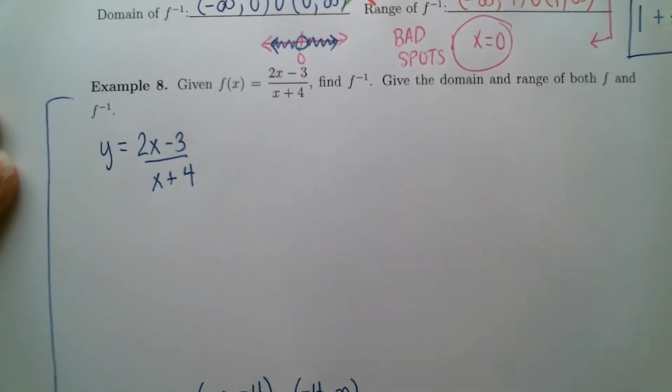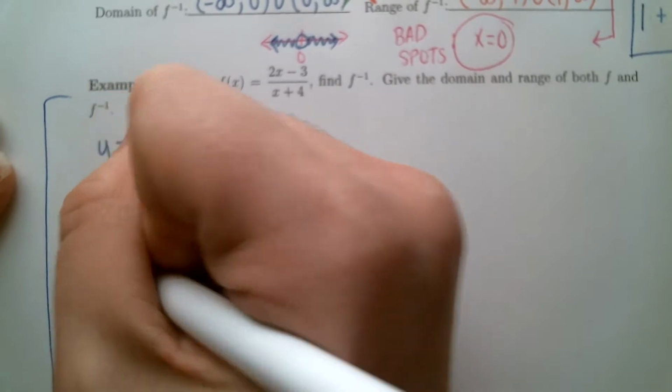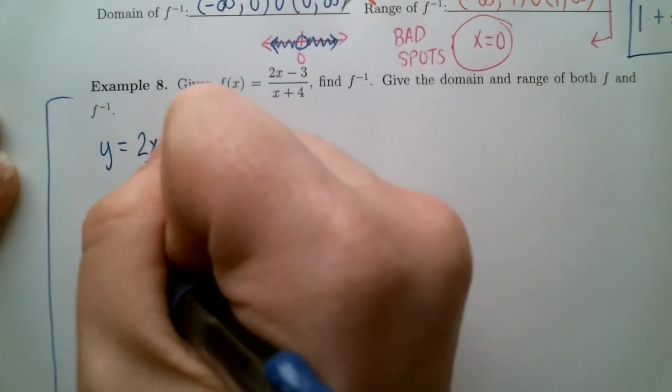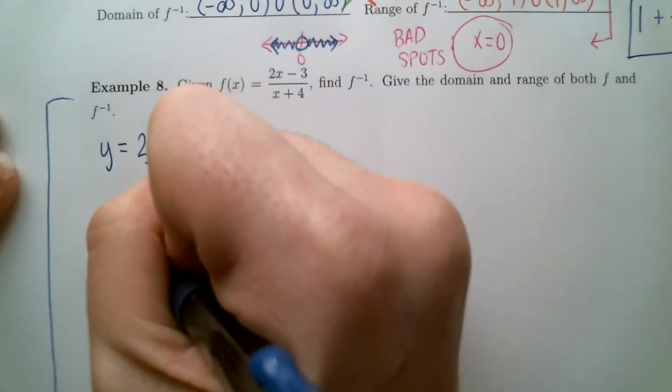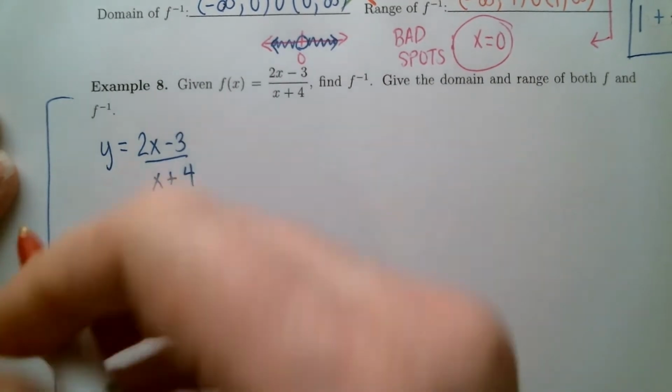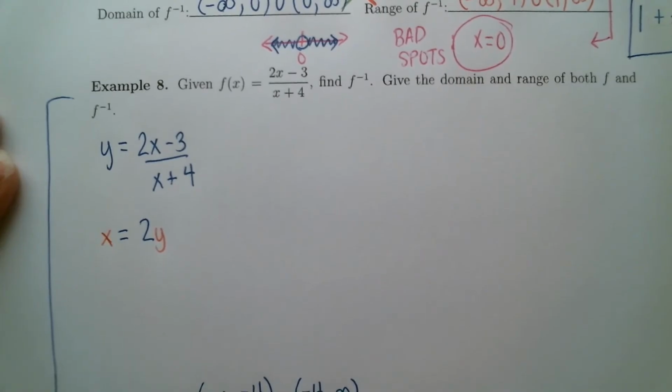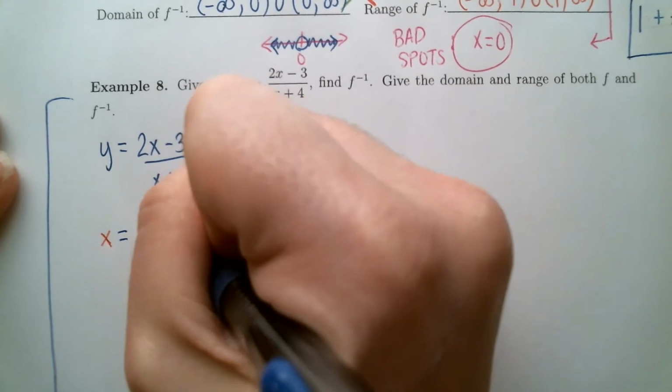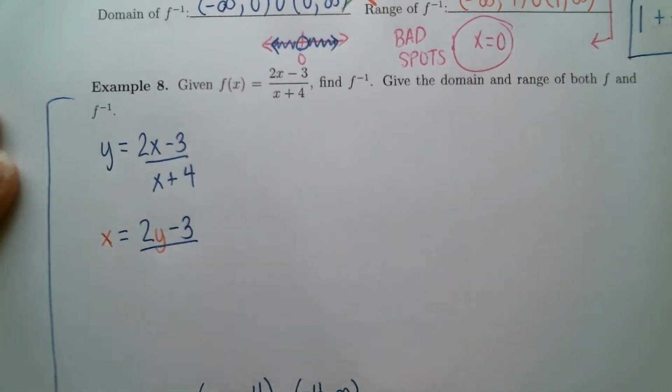Because this one's got a couple of x's, everywhere you see a y, you're going to put an x. Everywhere you see an x, you're going to put a y. So we're going to get x equals 2 times, instead of x, we're going to write down y, minus 3 over, instead of x, we're going to write a y, plus 4.